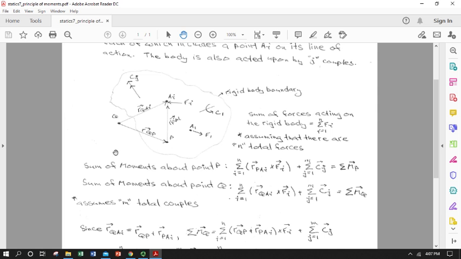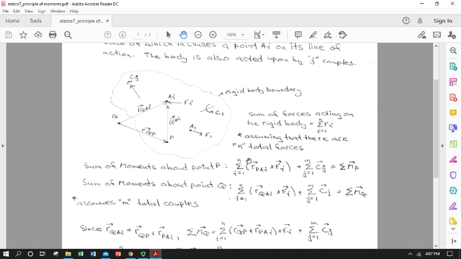We know that. So we can write an expression for the sum of the moments about point P. And there's two groups. There's the moments that are due to the applied forces, and then there's the couples. And notice there's no radius for couples. Doesn't matter where they are. We proved that in one of our discussions, that couples were independent of position in the moment that they apply to a rigid body.